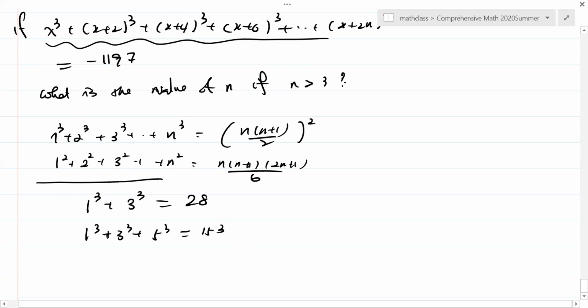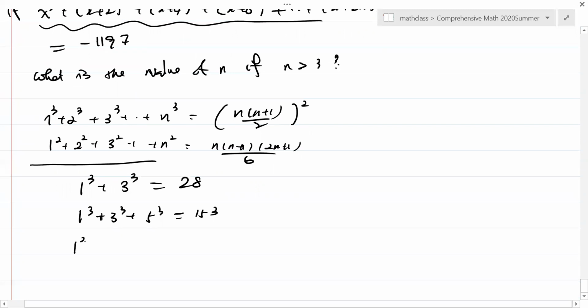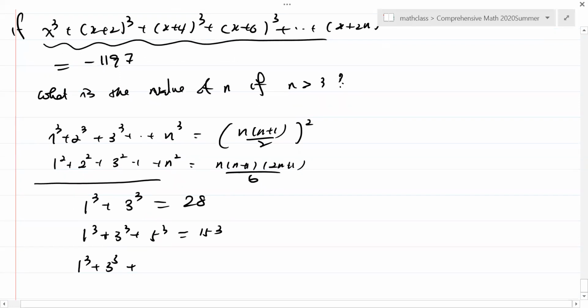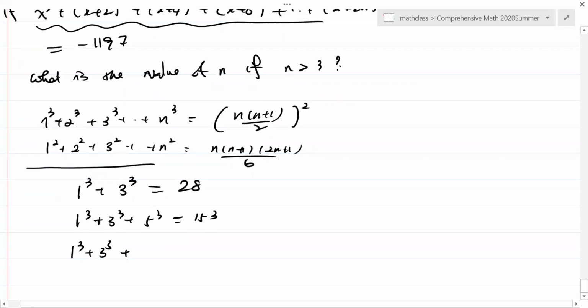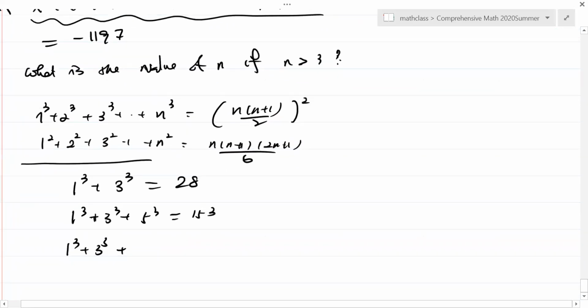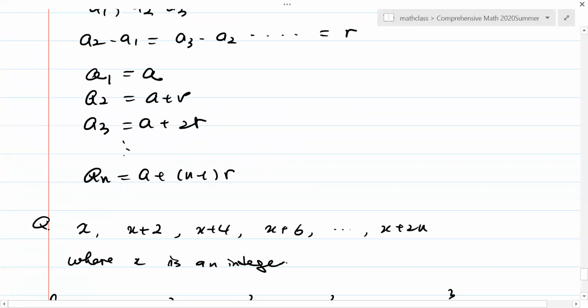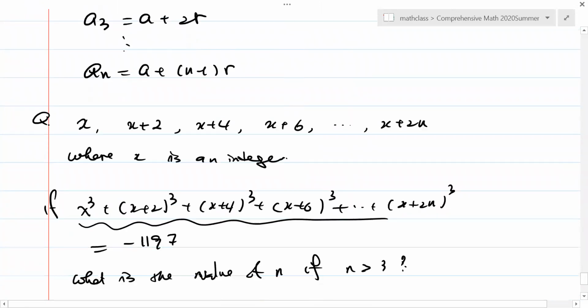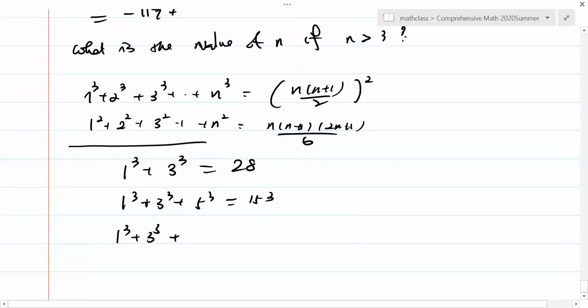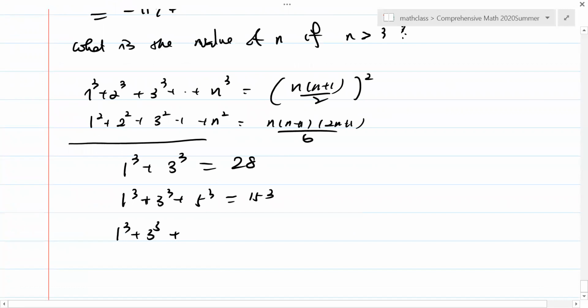Since the terms differ by an even number, if x is odd, then all the numbers are odd, and if x is even, all the numbers are even. That's why you have to use 1 cubed, 3 cubed, 5 cubed, 7 cubed.